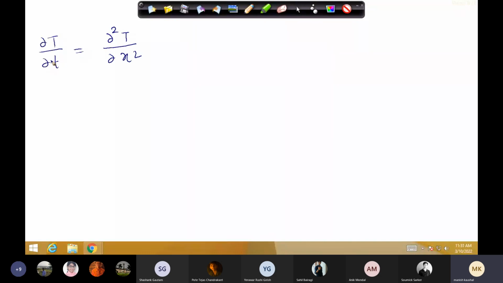Now I'll put this minus T naught here also, which is fine because it's a differential, so the differential is 0, and here also T minus T naught. And then I say this T minus T naught is theta.